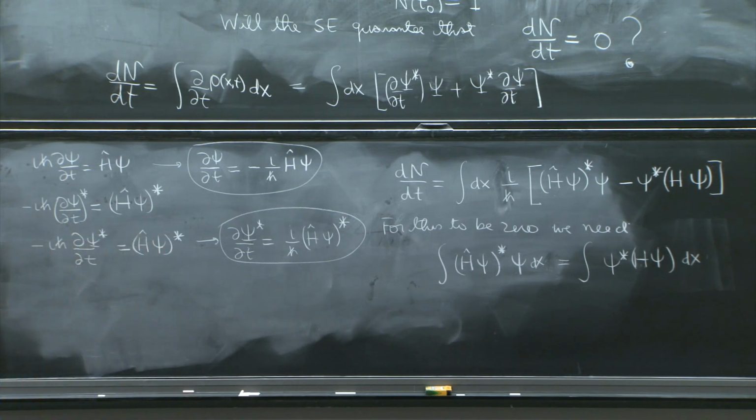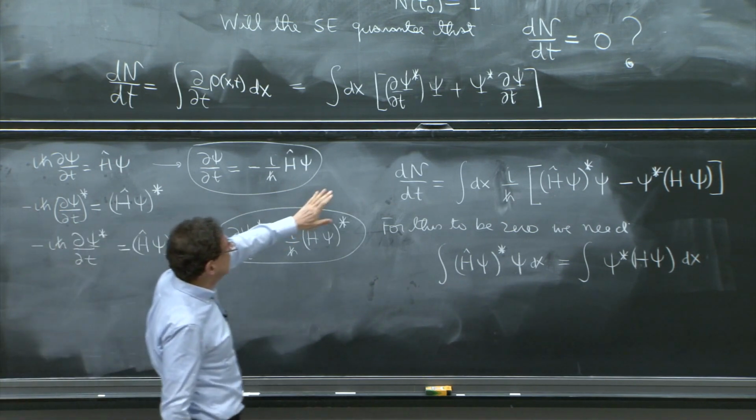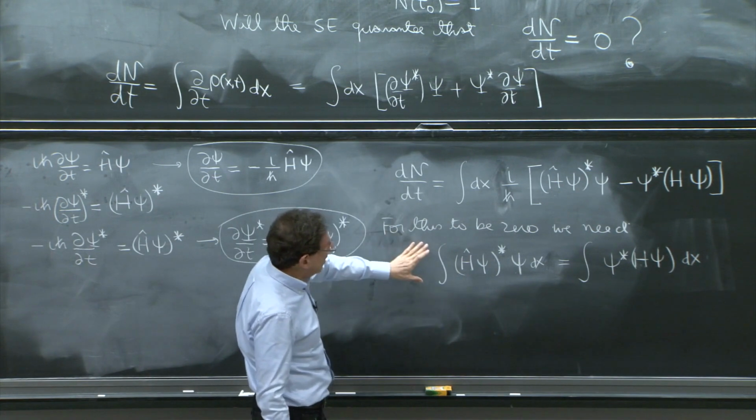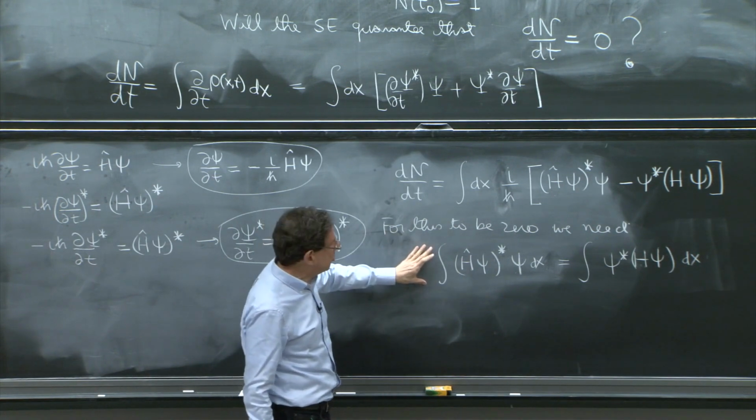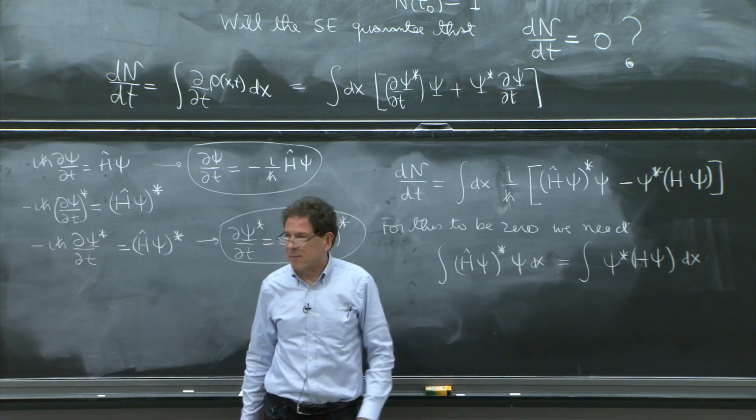And that's a very nice thing to demand of the Hamiltonian. So actually what seems to be happening is that this conservation of probability will work if your Hamiltonian is good enough to do something like this.